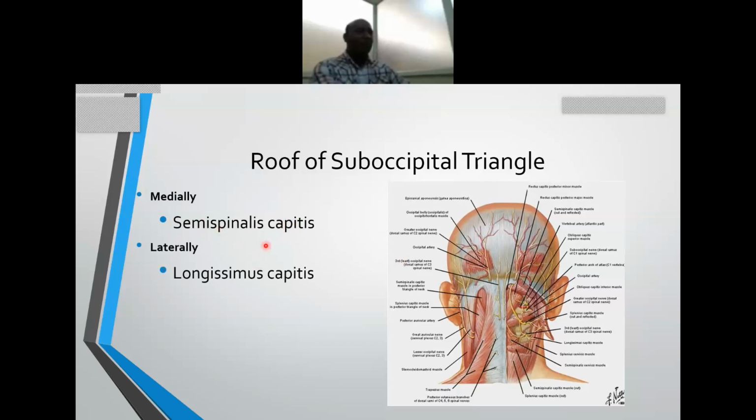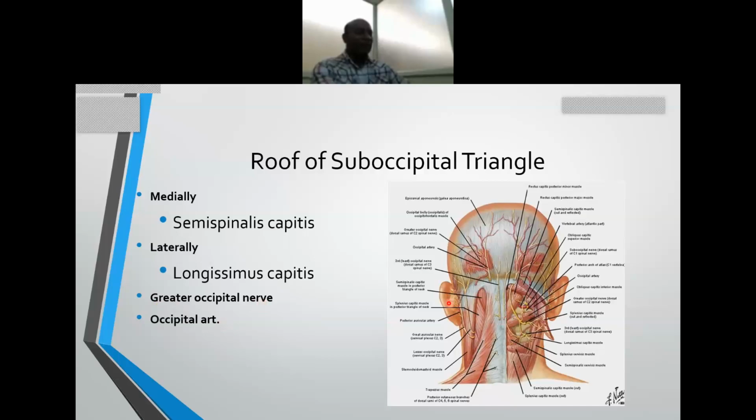Roof is formed by semispinalis capitis, and laterally by the longissimus capitis muscles. This is the semispinalis capitis and longissimus capitis. Okay, semispinalis capitis, splenius capitis and longissimus capitis, and in the roof, going upwards, will be the greater occipital nerve.